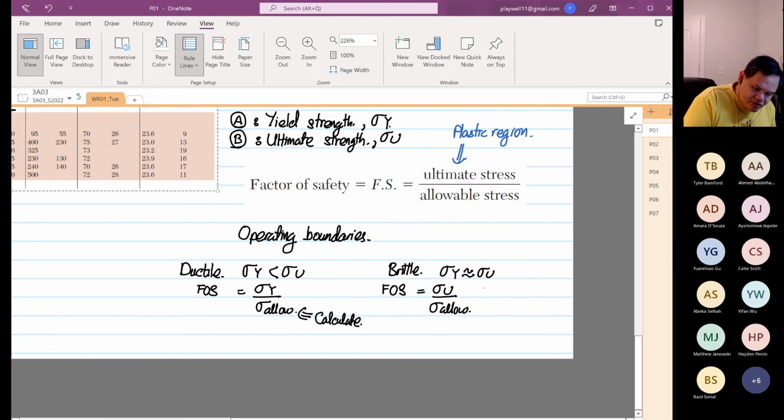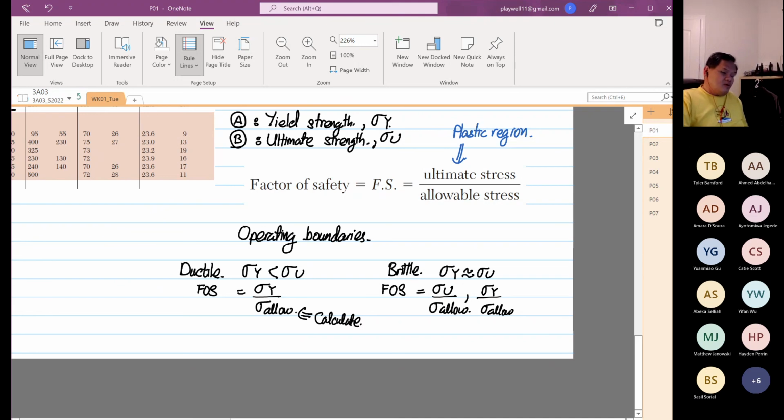If you were to use stress U over stress allowable, for the brittle, the value is not going to be any different, because the U and ultimate are very similar. So I think it's safe to say, as structural engineers or mechanical engineers, it is safe to use the U rather than the ultimate.